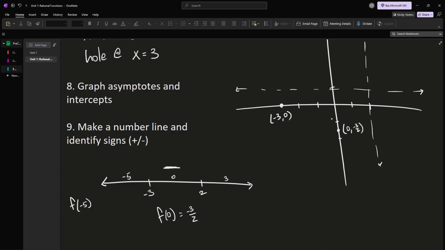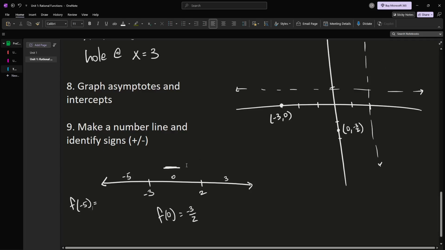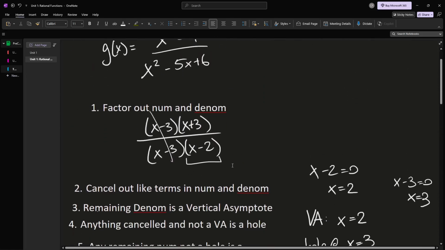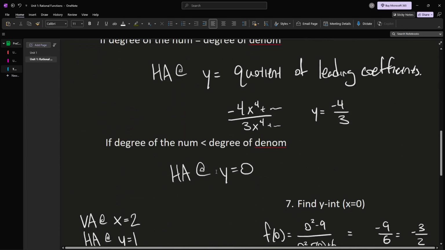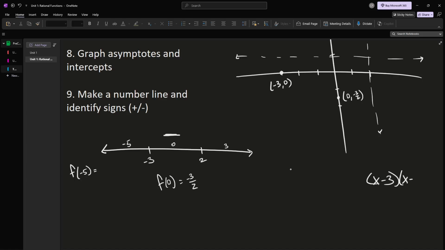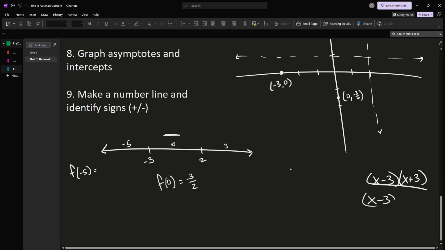F of negative 5 gives me, and I personally like to plug into the factored form. Some people might find the original easier, but I like to use the factored form. Rewrite over here: x minus 3, x plus 3 over x minus 3, x minus 2.